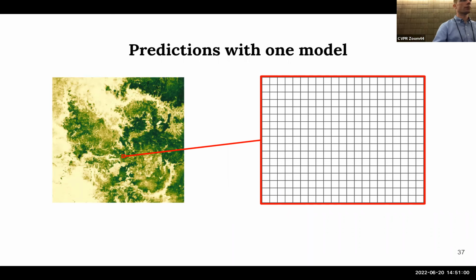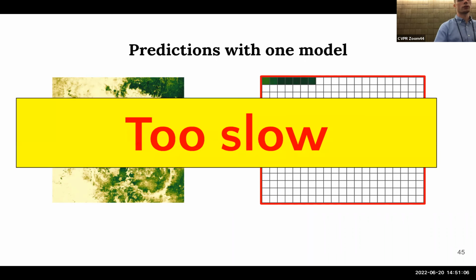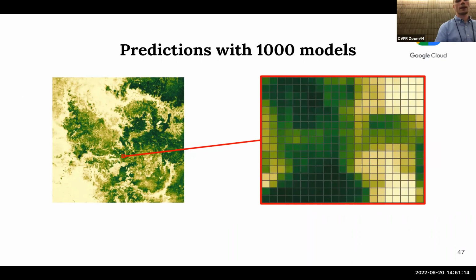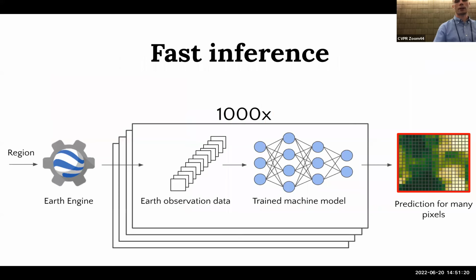If we just did predictions for one tile or one pixel at a time, that would take a very, very long time, and it's too slow. So what we're going to do soon is predictions with thousands of models, and that is much faster. We can do that because we have access to cloud computing now. And so that's fast inference.